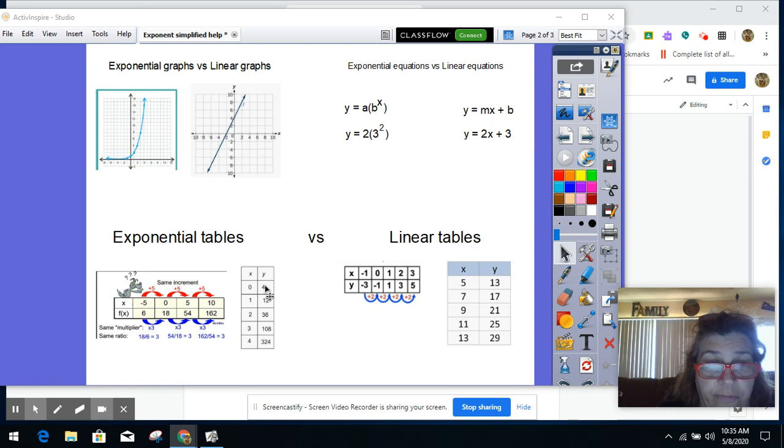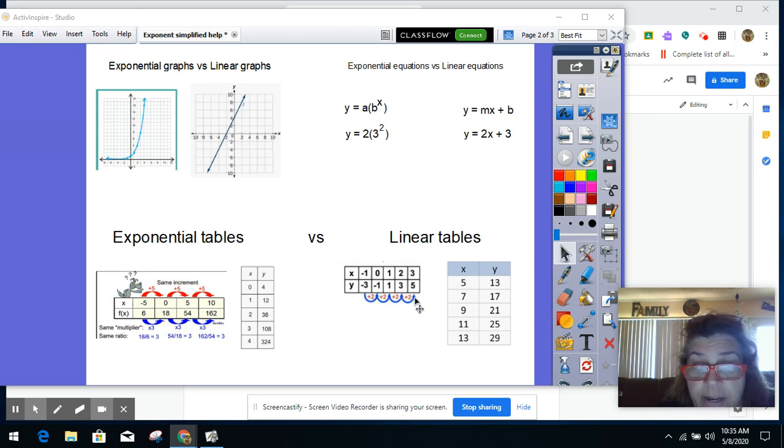Same here, we're going from 4 to 324. So that tells us clearly they are multiplying. In this case, 4 times 3 is 12, 12 times 3 is 36, 36 times 3 is 108, and 108 times 3 is 324.